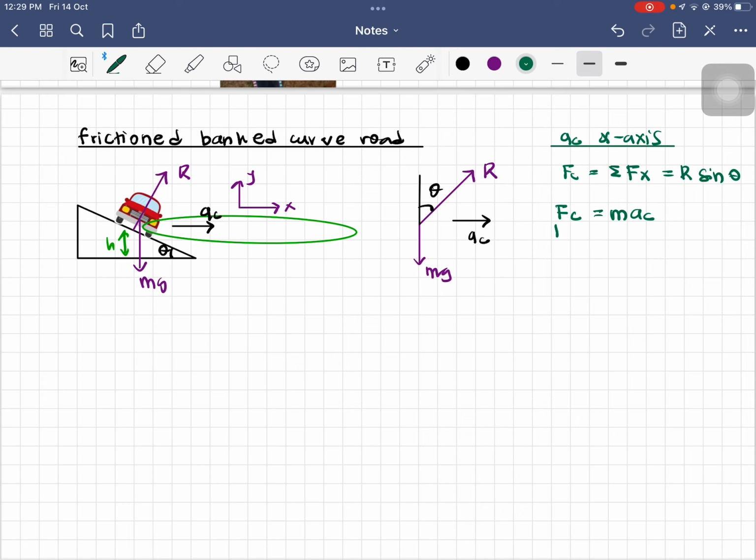Your FC now adalah R sin theta equal to MAC. Same here, you will have summation of Fy equal to 0. So, from the summation of Fy, you can get R cos theta minus mg equal to 0. So, we get R cos theta sama dengan mg.